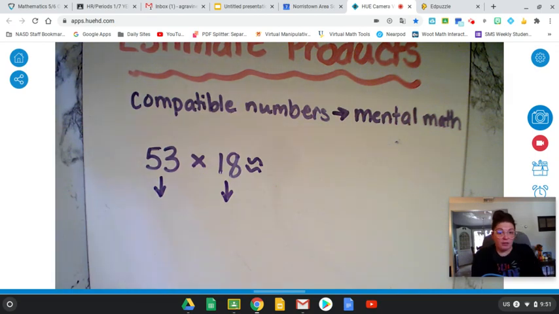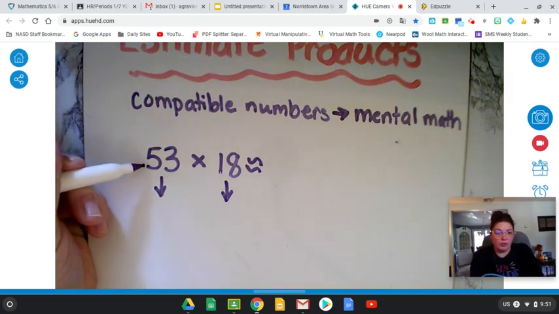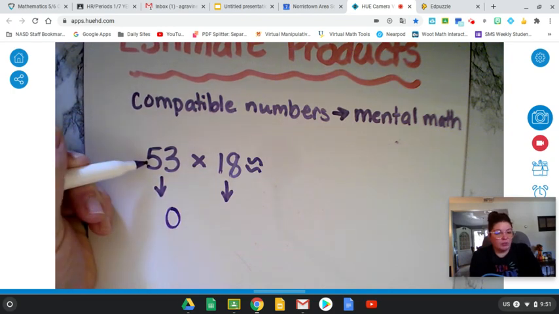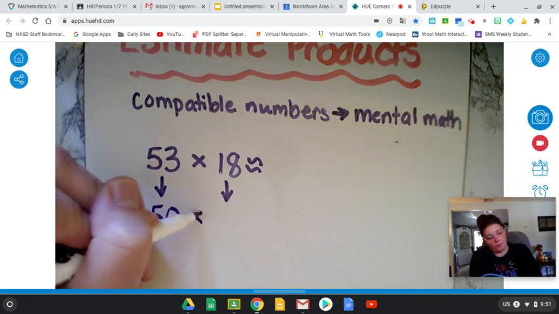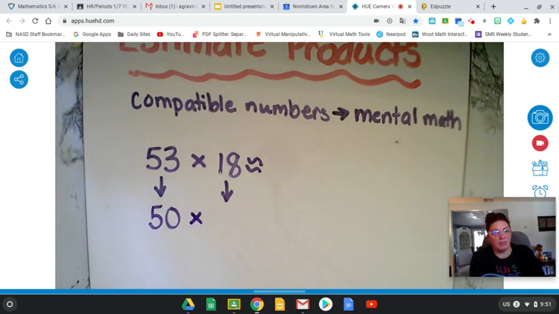So I need to think, what's 53 close to? And I want to have a 0 in my ones place. So is 53 closer to 50 or the next 10 up, which would be 60? And you could draw a number line or you could think about it. 53 is closer to 50. Now let's change 18.